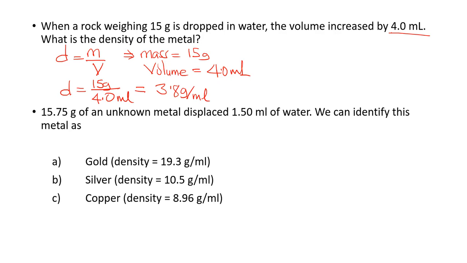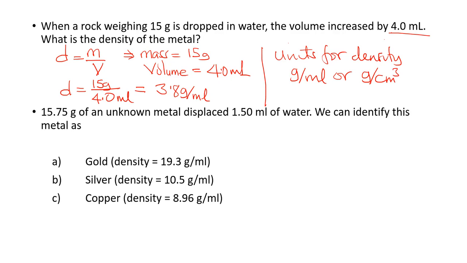So we need to know that the units for density, at least for this class, are grams per milliliter or grams per cubic centimeter. We'll see why. So that's how we determine the density of a substance. Let's go to problem number 2.